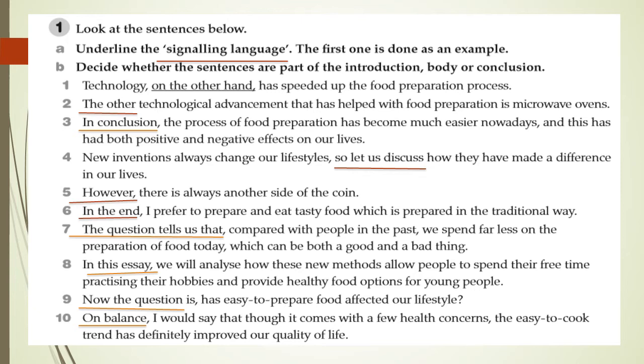So here I have sentences. Each sentence has signaling language, and these underlined expressions help me to know which one is for the body, which one is for the introduction, beginning, and which one is for the conclusion, ending the paragraph or essay.